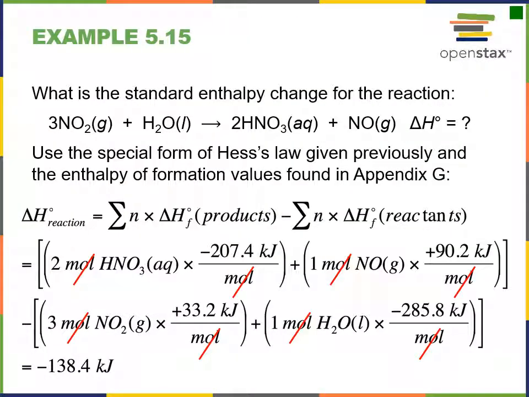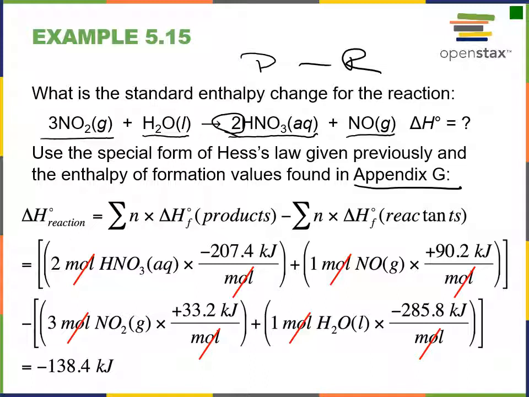So if we have the reaction of 3 NO2s as a gas plus a water as a liquid, making 2 nitric acids aqueous and an NO as a gas, where are we going to find these? Well, we're going to go to our appendix, and we have to do products minus reactants, and include how many?